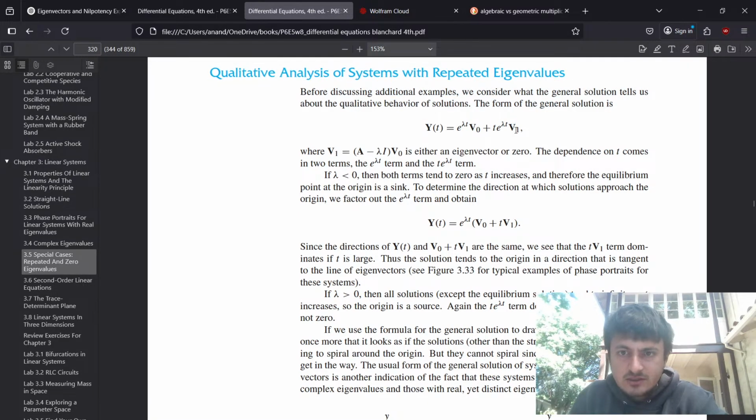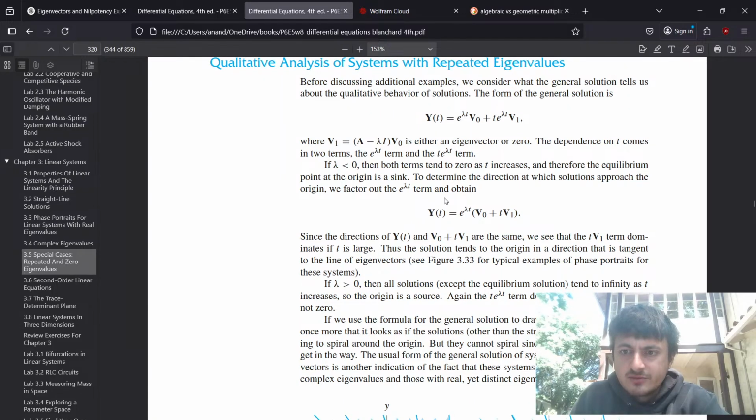We just went over that. e to the lambda t v0, where v0 is the initial condition, plus t e to the lambda t v1, where v1 is either 0 or an eigenvector. The dependence on t comes in two terms, e to the lambda t and t e to the lambda t. If lambda is less than 0, then both terms tend to 0 as t increases. This is going to grow, but it's going to grow slower than the exponential at some point.